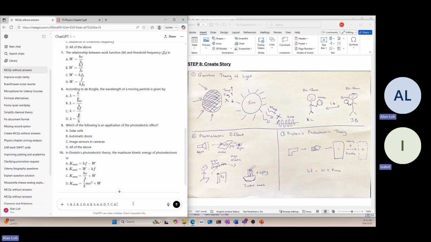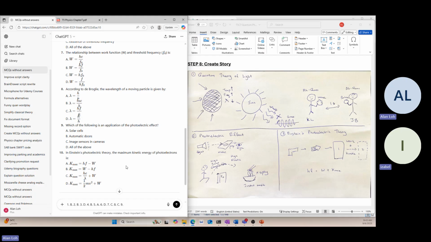According to de Broglie, the wavelength of a moving particle is given by, so that'll be drawer 1 with the scientists and the double-sided coin. I think it's C. Okay. This is not easy.